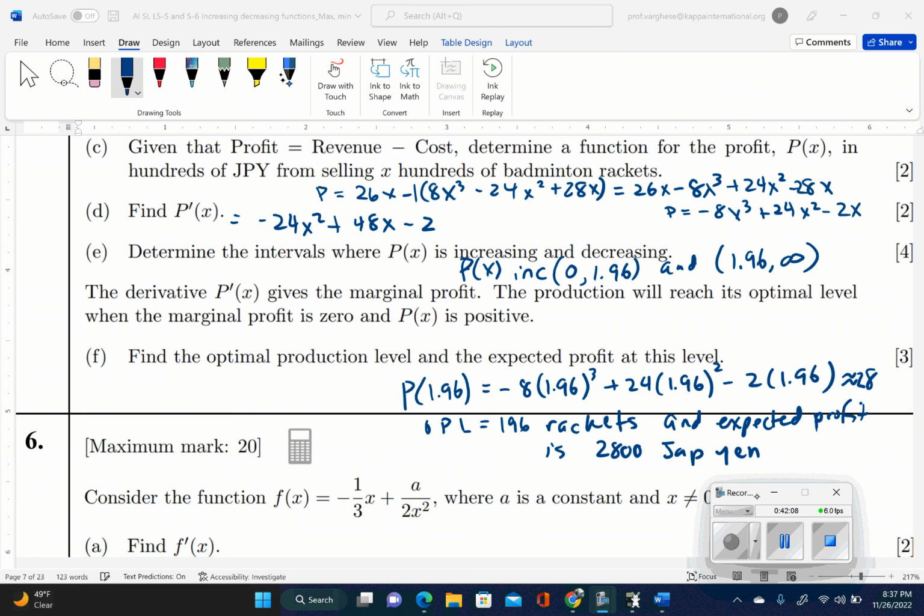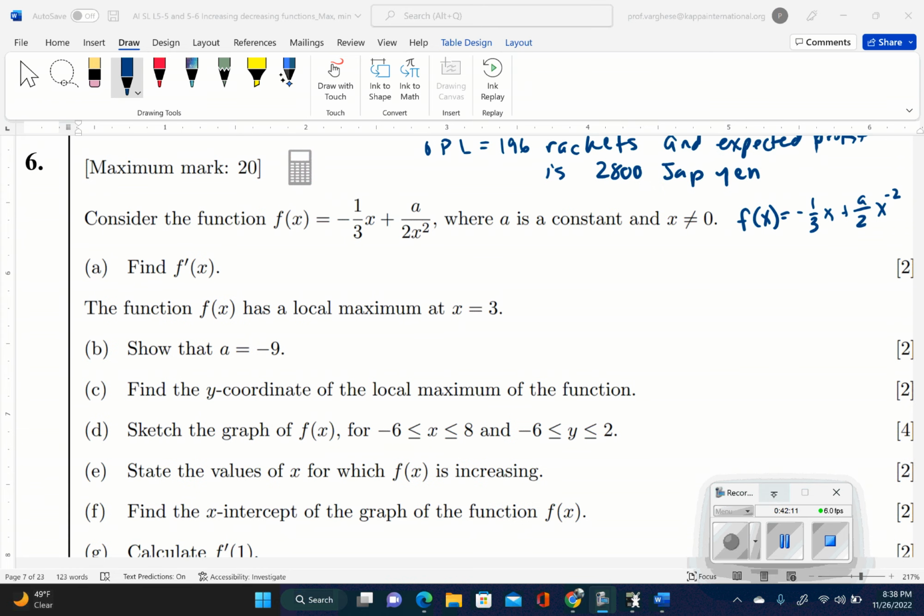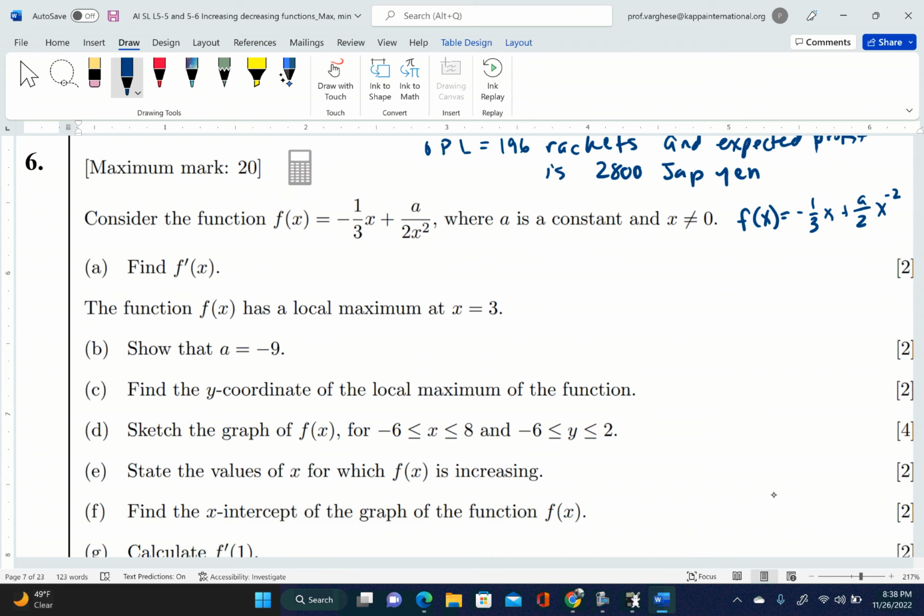All right, now last question. First thing I did is I took this function that they gave us and rewrote it in calculus friendly terms right here. So it's a over 2, a is a constant. This is x to the negative second, so I rewrote it like that. So our derivative is going to be negative 1/3, right?